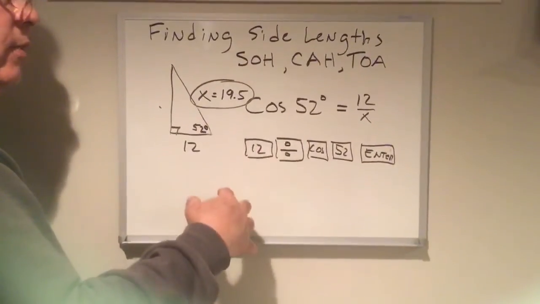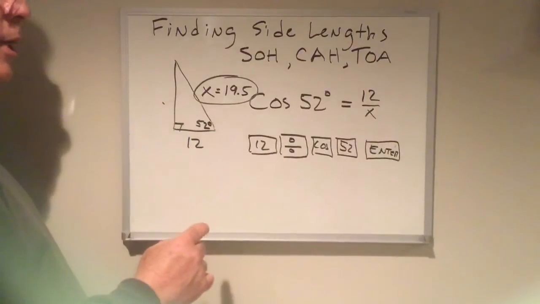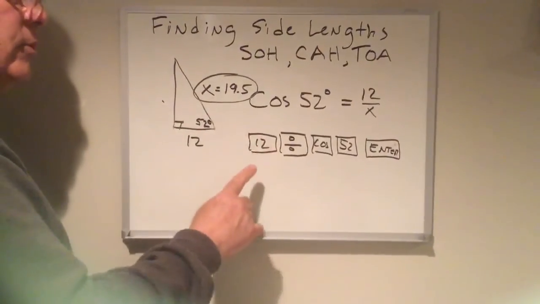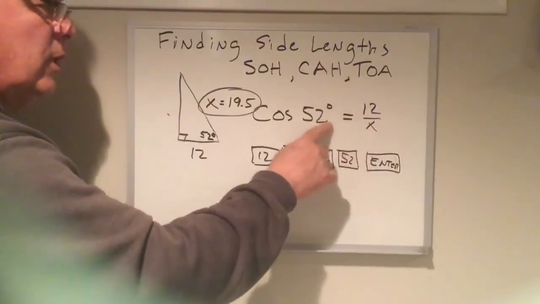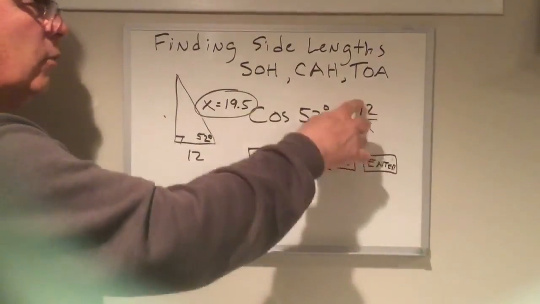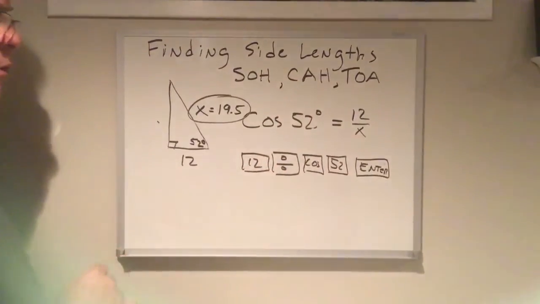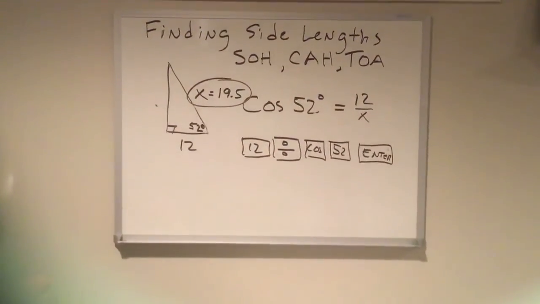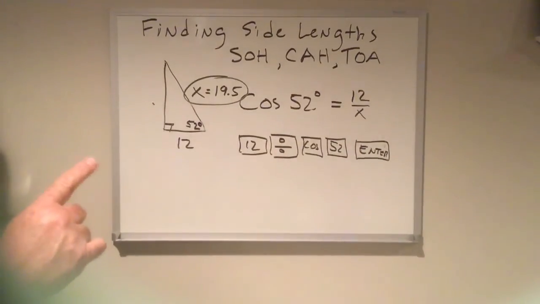The other setup was when the 12 was in the denominator. That problem said 12 times, because 12 is down here. Think of it as cross multiplying. Otherwise, when it's on top, you start with 12 divided by cos 52, enter. That will help you find a side length when the number that you know about is in the numerator.